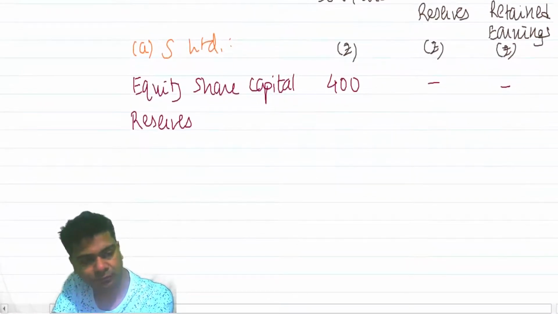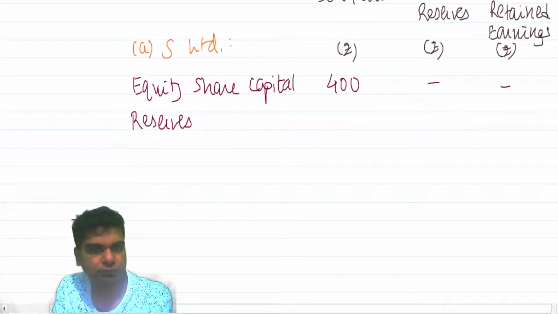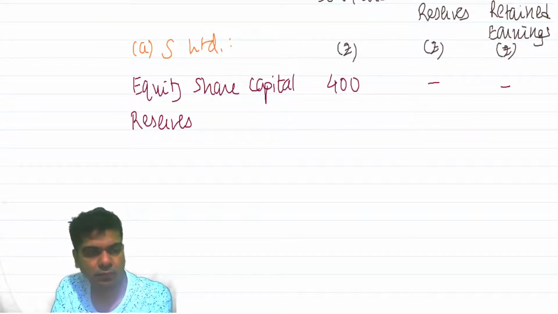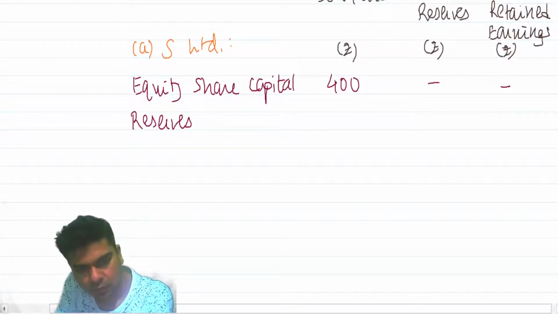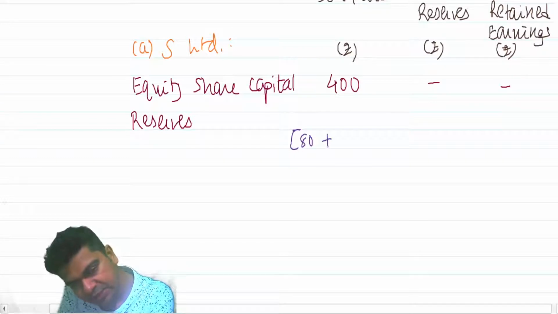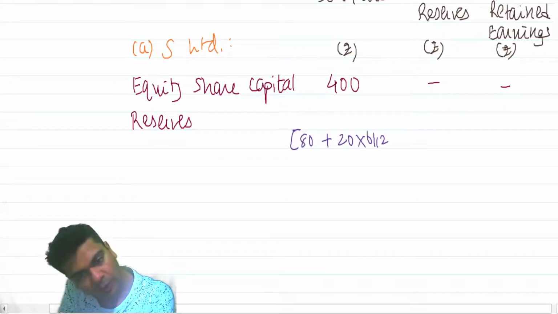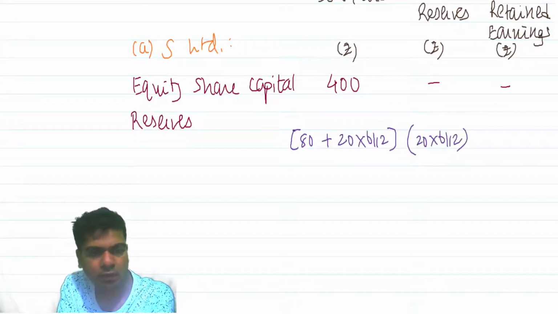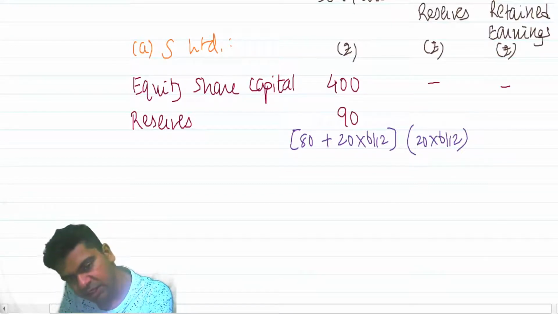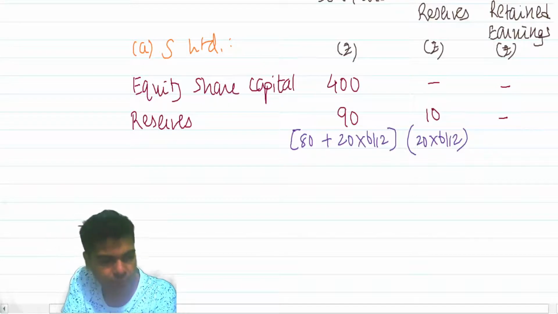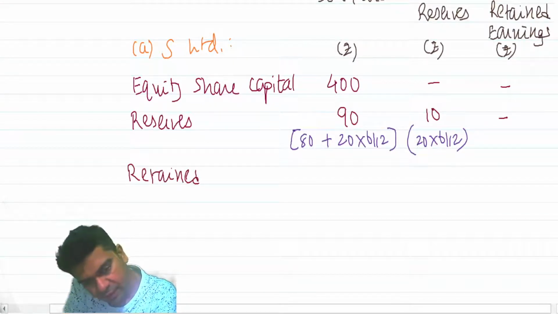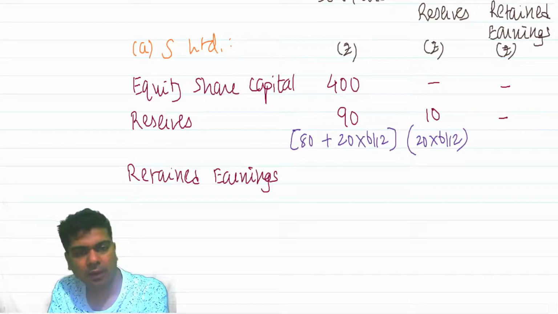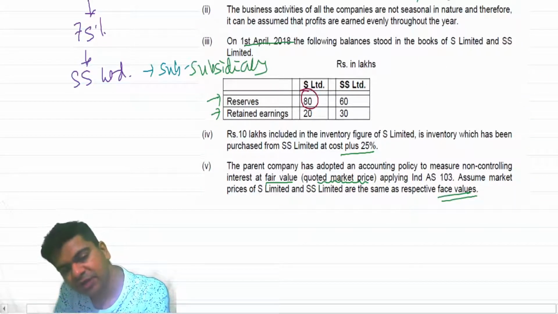Reserves, we will say 80 is already given, plus 20 into 6 by 12. Similarly, here it will be 20 into 6 by 12. So I get here 90 and here 10. Then we have retained earnings. When we acquired the shares, at the beginning of the year, the retained earnings was 20.